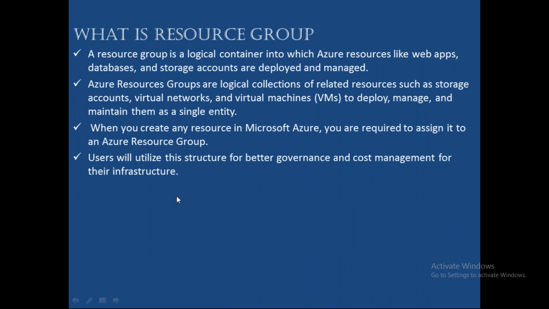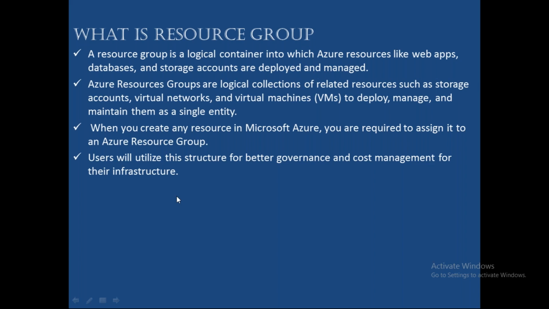users will utilize this structure for better governance and cost management of their infrastructure. What it means is, for example, let's say I am using Azure Data Factory and Azure Databricks. Azure Data Factory, I am consuming 100 rupees. Azure Databricks, I am consuming 200 rupees. Total how much? 300. So instead of calculating each service's pricing independently, if you go to the resource group and ask, hey resource group, how much have you consumed, it will tell you, I consumed 300 rupees.